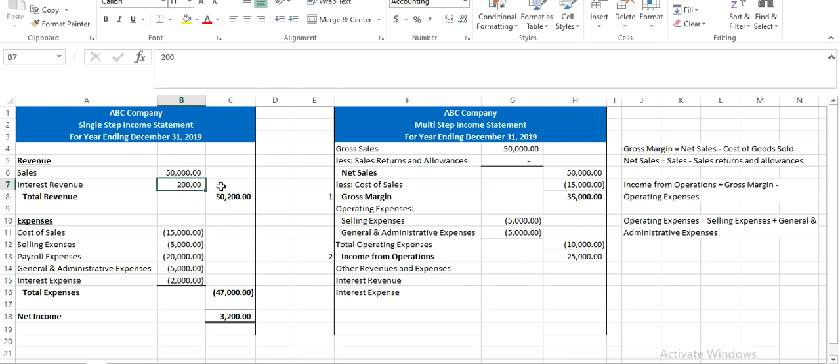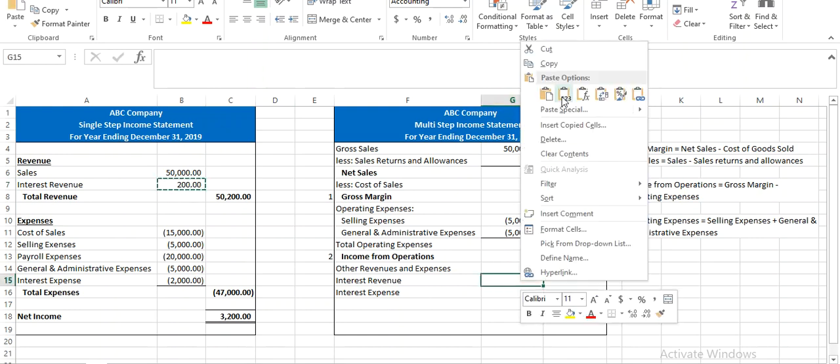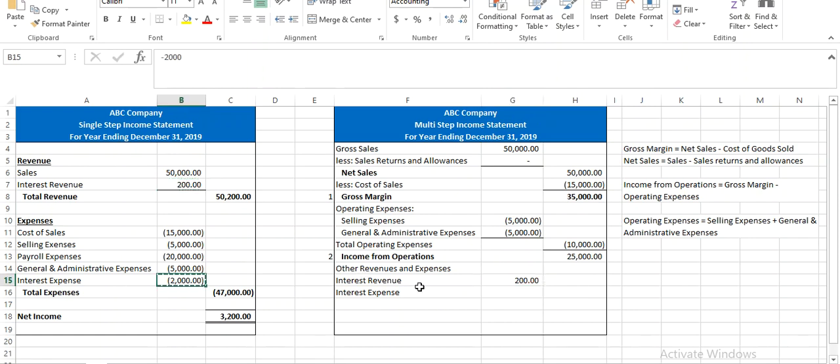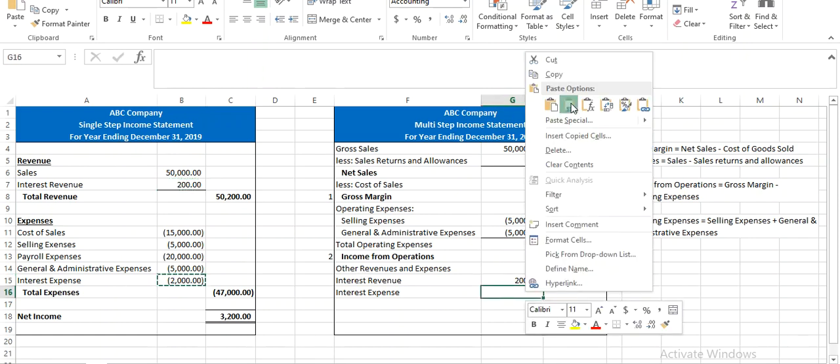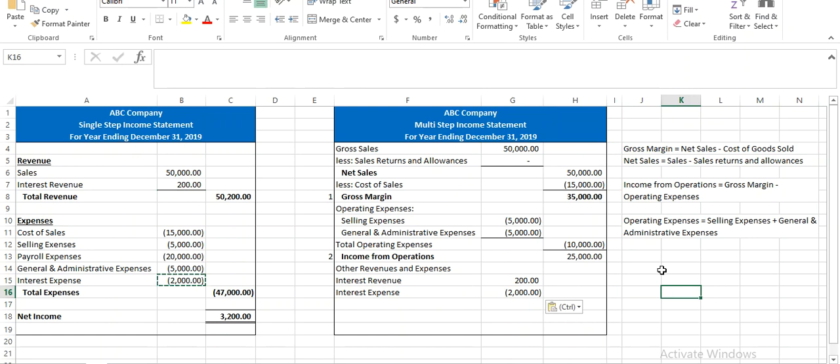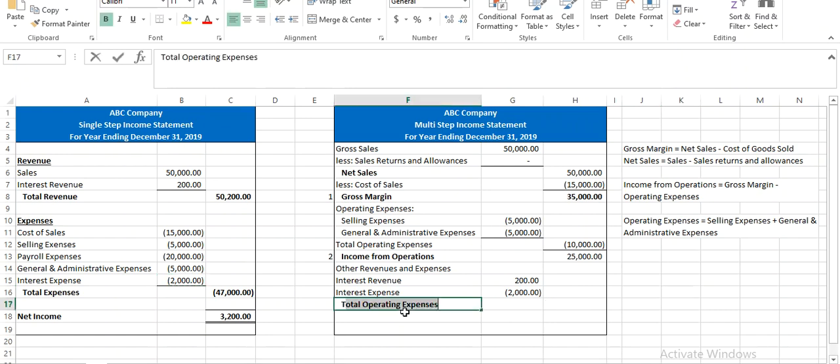Now, let's take those amounts. We have the 200, and we have the interest expense of 2,000. What we will note is that we have to add these together, so we have our total other revenue and expenses, which would be the total of these two.